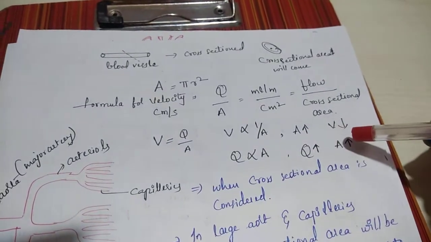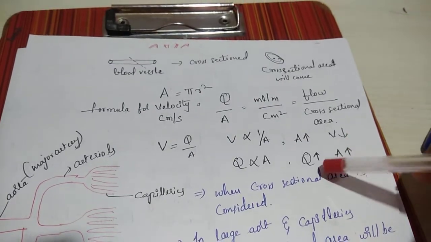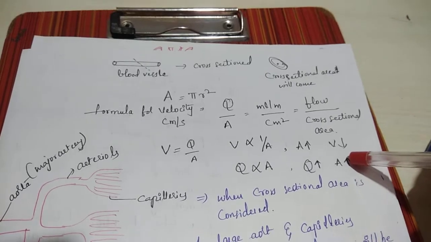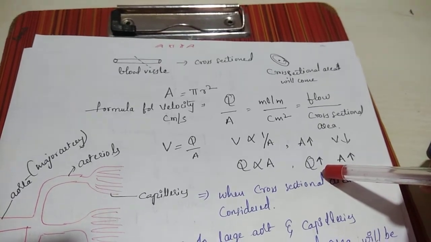For example, if the cross sectional area increases, the velocity will decrease and the flow rate will increase.